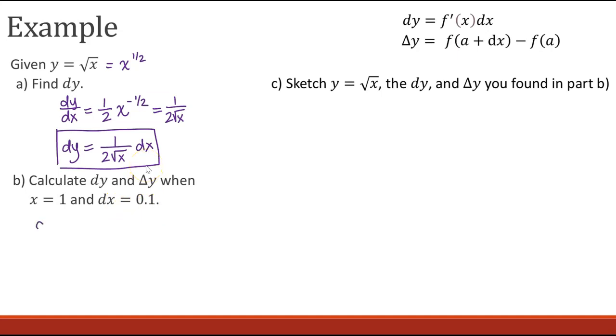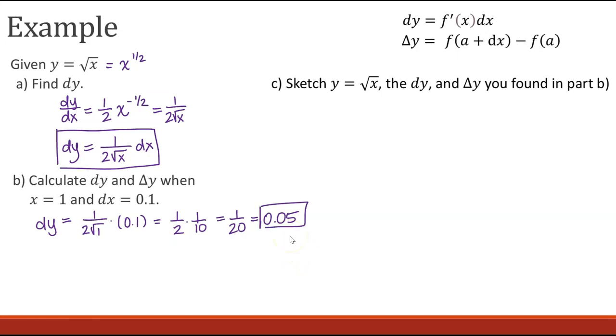So we're going to calculate dy is 1 over 2 times the square root of 1, and then times dx, which is 0.1, or 1/10. So here what we have is 1/2 times 1/10, and that's 1 over 20, which as a decimal is 0.05.